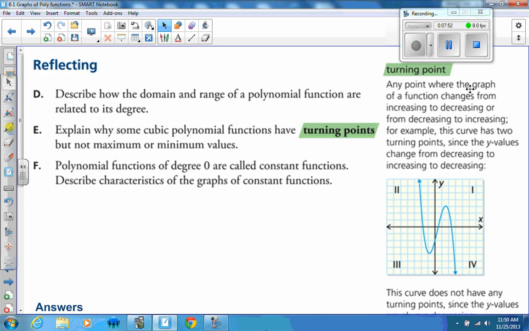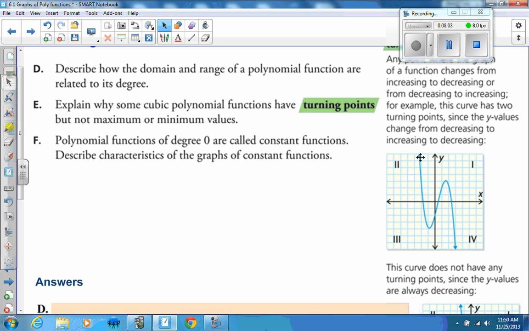Any point where the graph of a function changes from increasing to decreasing, or from decreasing to increasing. For example, I have the cubic function down here. I'm going down, down, down. At the turning point, it changes direction and goes up in the opposite direction. It has another turning point, and then it continues back down.